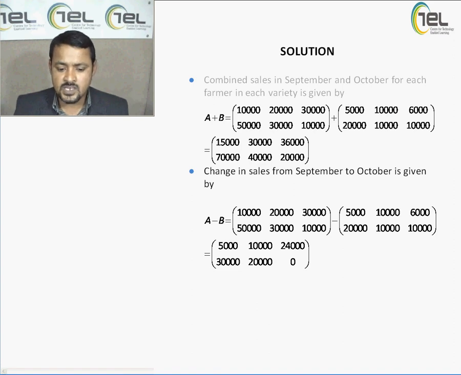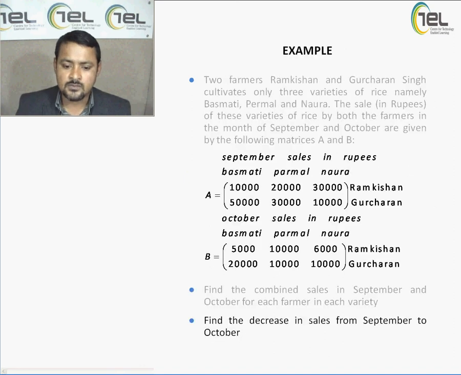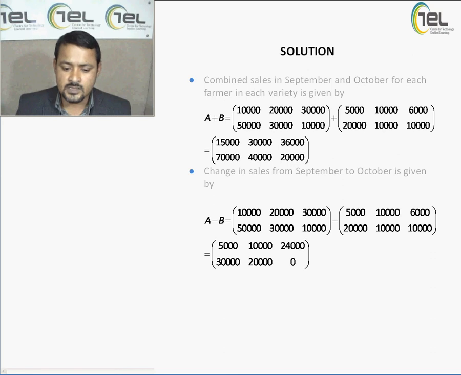If you can see, in the case of Basmati, the sales have decreased considerably, from 10,000 to 5. So overall, for Gurcharan, the decrease is very severe in Basmati. It is a little less in the second variety, but there is no decrease or increase in the third amount. But for Ramkishan, the first farmer, there is a decrease in all the quantities, all the types of rice that he is producing.